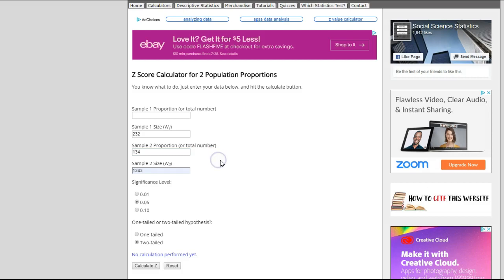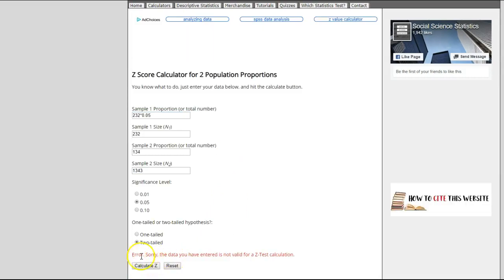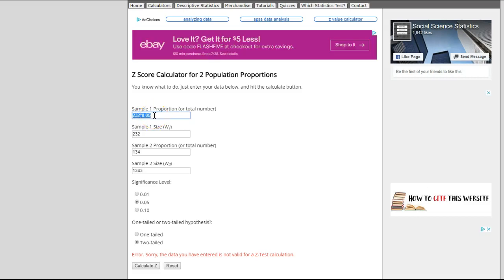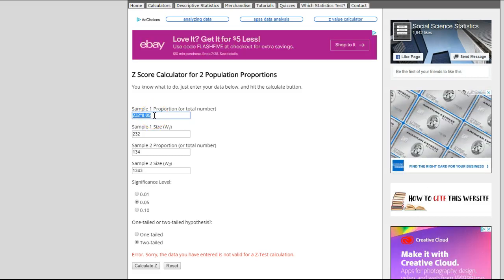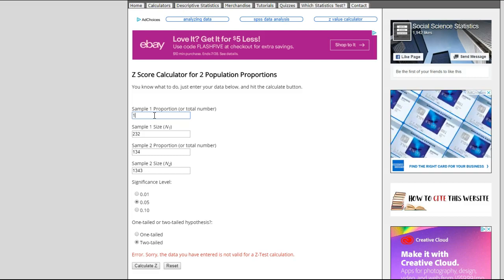So the numbers will be slightly off, but it will work. 134. And 5%, I haven't tried one thing. I am going to try to do a math equation here. I don't think it will work, but we'll see. Yeah, I get an error, so I can't do the math inside this calculator, so I'm going to round. If I did that calculation, it'd be 11.6, so I'm just going to round to 12.